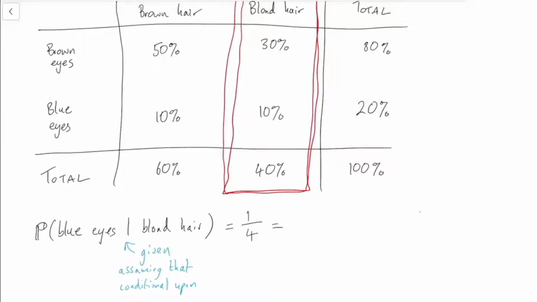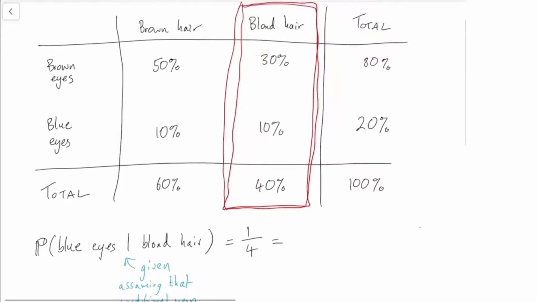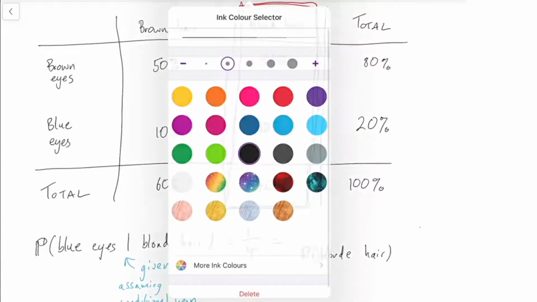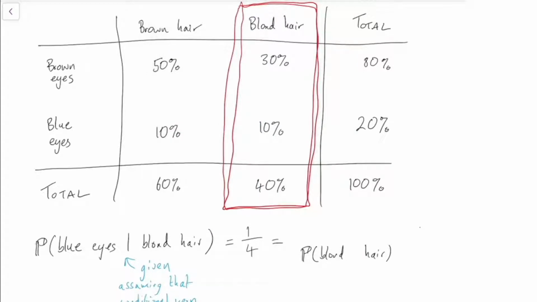If we think more carefully about what we're doing there, we're looking at all the people with blonde hair, and we're asking what proportion of those have blue eyes as well as their blonde hair. So the way we did this calculation, it was the probability of blue eyes and blonde hair over the probability of blonde hair.